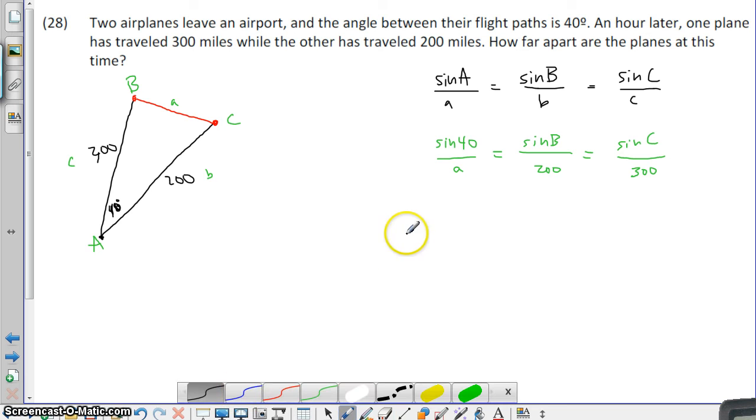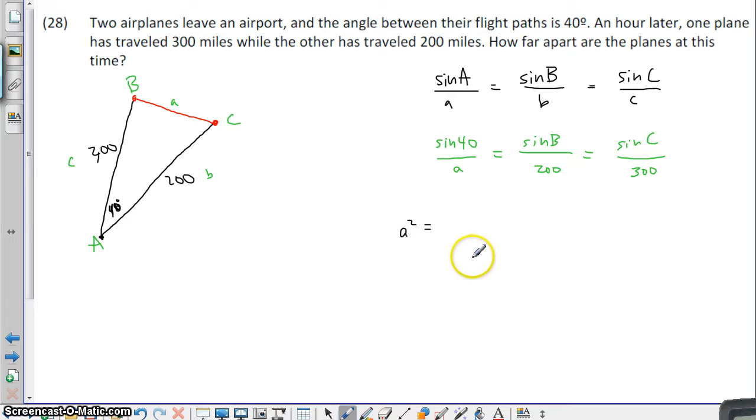So knowing that my missing side is a, I'm going to set up the law of cosines. This little side squared is going to be equal to the other two sides, b squared and c squared, minus 2 times these two sides, b, c, times the cosine of the angle across from the missing side, which is large A, angle A. So I don't know a squared.